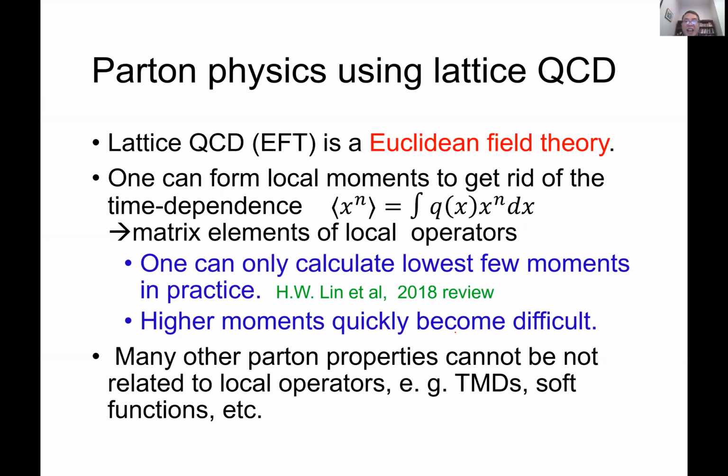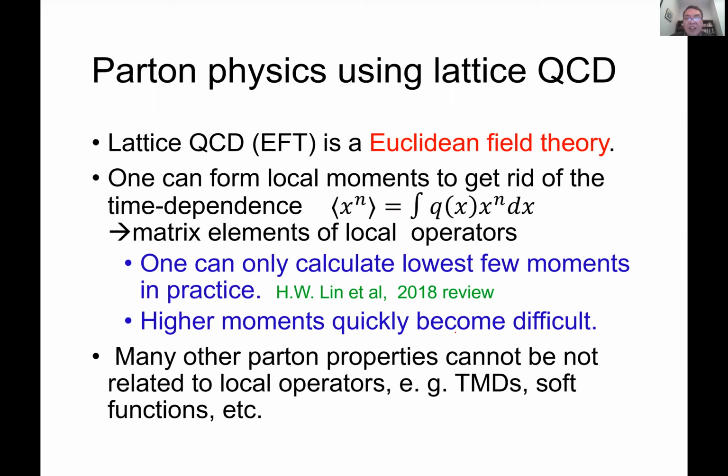Well, there is lattice QCD, and lattice QCD is the only approach so far that we know how to solve non-perturbative physics systematically, and it is itself an effective field theory. However, the lattice is a Euclidean field theory, and it does not involve explicit time, or the time here is actually an imaginary time. So therefore, you can't really directly use it to solve a Minkowski problem.